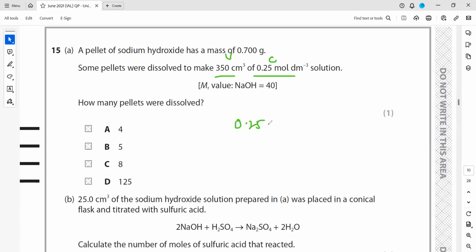So 0.25 multiplied by 350 divided by 1000, so 0.35 multiplied by 0.25, gives 0.0875 moles. Then to get the grams, we multiply by the molar mass, which is 40. So it will be 3.5.